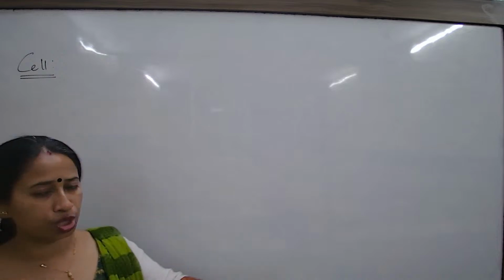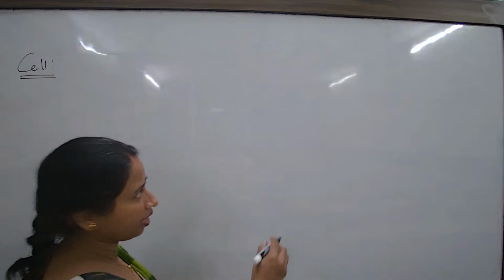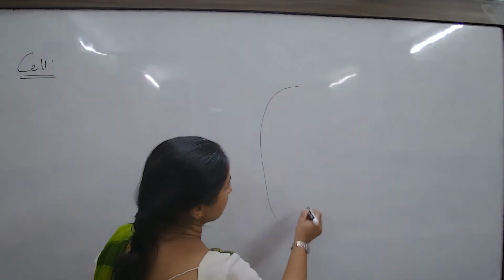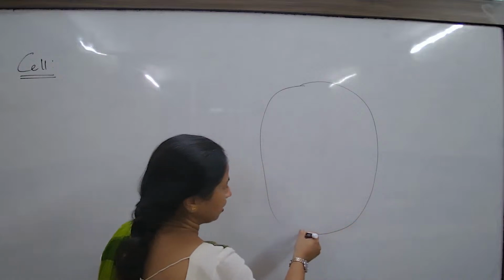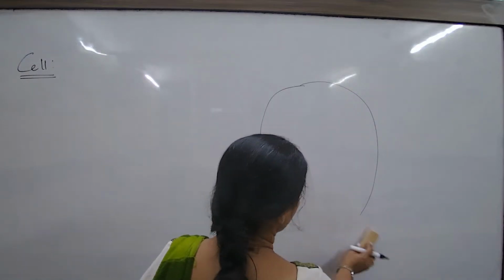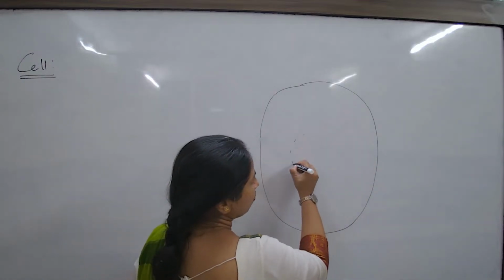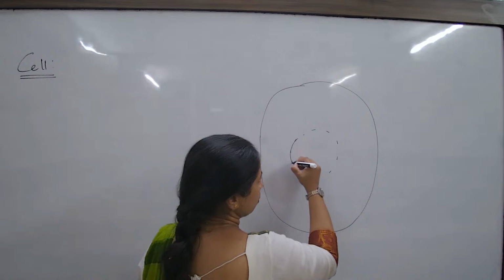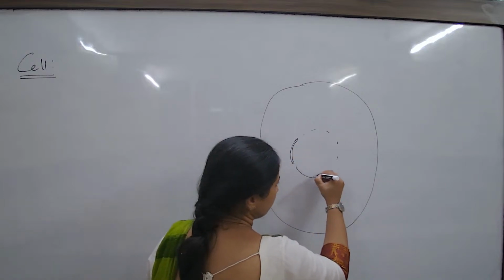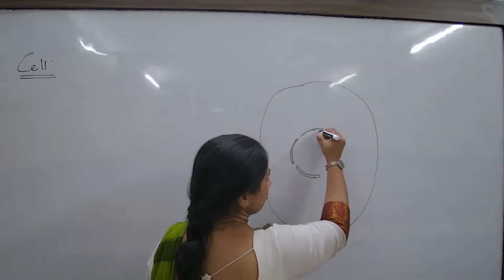So when we are talking about a concept of prokaryotic and eukaryotic, we studied that if in a cell the chromatin is spread out in the entire cell like a bacteria, that type of cell is always known as a prokaryotic cell. But if I am talking about a cell, something like this, where the cell has well-defined membranes and a well-formed nuclear region, is this a prokaryotic cell?